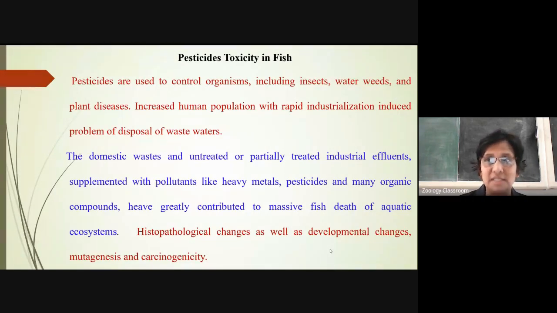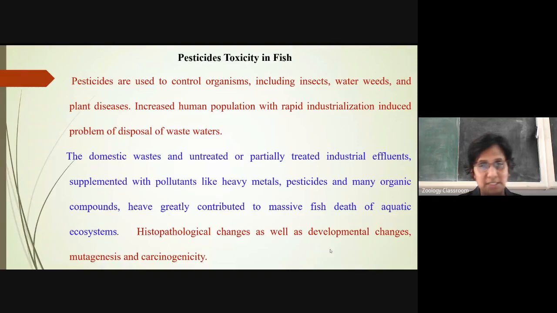So, you know, pesticides as well as insecticides are used to control insects as well as harmful organisms. But because of the pollution caused by these pesticides and insecticides, it causes toxic effects on non-target organisms. Fish is a non-target organism, and it is affected because of this pesticide.